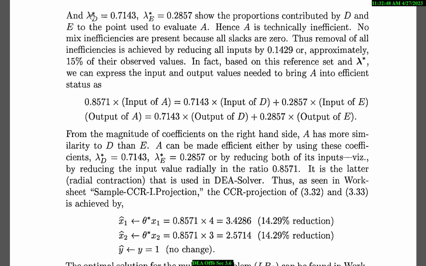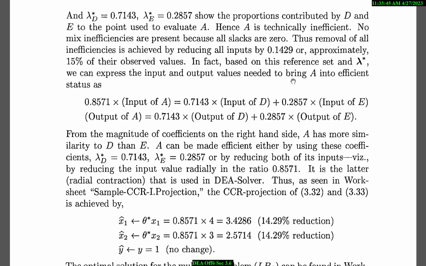For example, here you can see that lambda star D is much bigger than lambda star E, so the proportions contributed by D and E to the point used to evaluate A show that D is more similar to A, and indeed, to determine the efficiency, this is much more important than E.